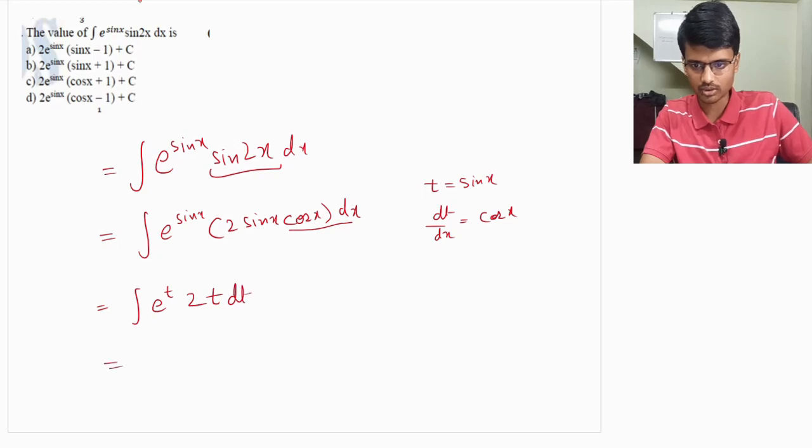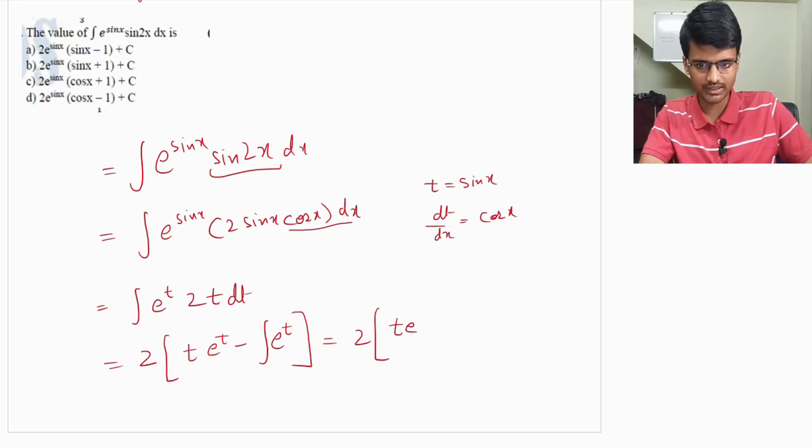Okay, so how do I solve this? I can use integration by parts. So I'll keep 2 outside. I'll get t times integration of e power t, which is e power t, minus integration of e power t times differentiation of t, which is 1, right? I have done integration by parts. t e power t minus e power t, right?